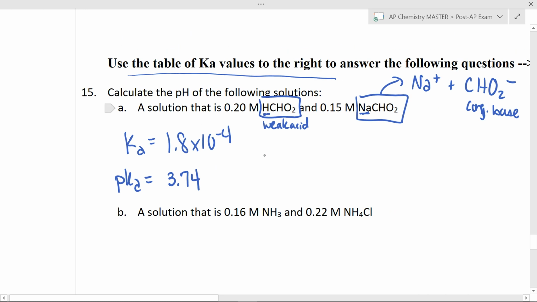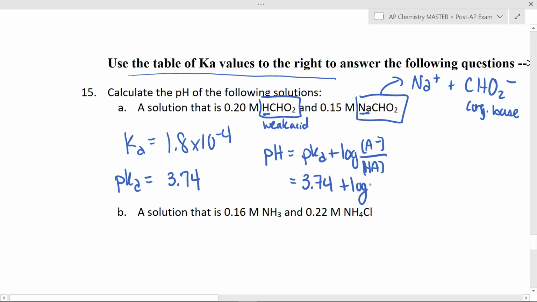And to find the pH, I'm going to use this equation, pH equals pKa plus log of the A minus over the HA. So my pH is going to be my pKa, which is 3.74, plus the log of my weak base, which is this one right here. So with this type of calculation, you want to make sure that you are careful with keeping track of which is which. So who's my acid and who's my base here.